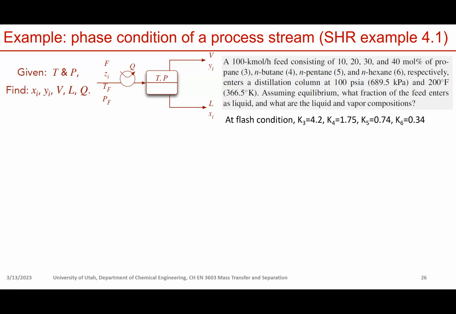Now, if we assume an ideal mixture, then we can find the K values for these four components. For propane, its K value is 4.2. For butane, it's 1.75, and so on.